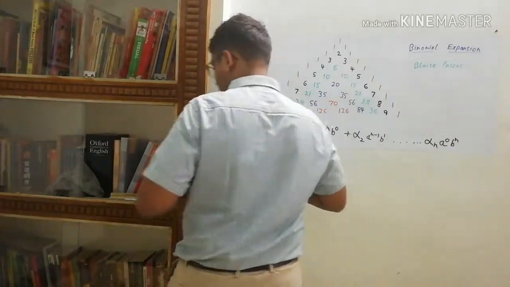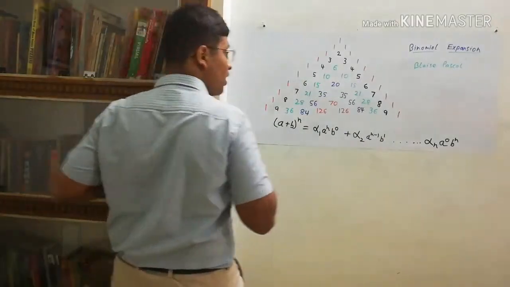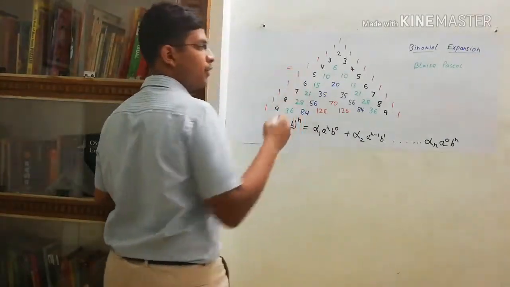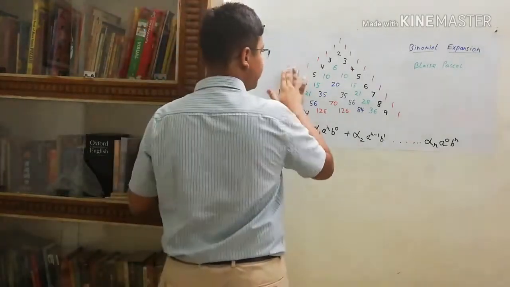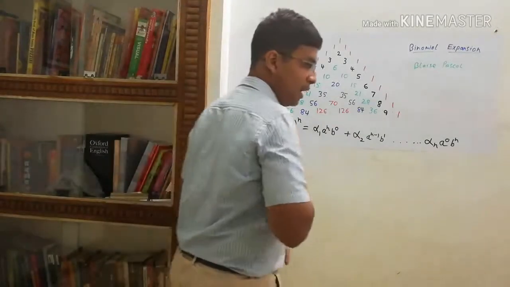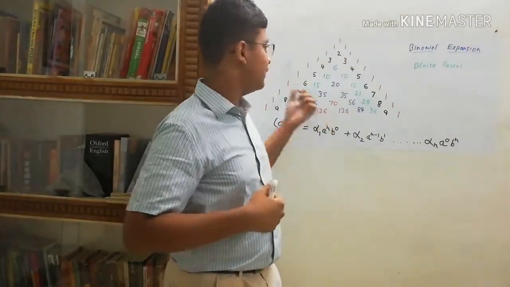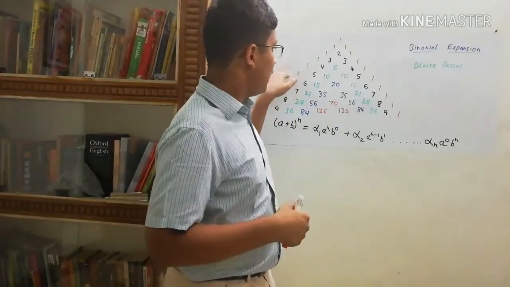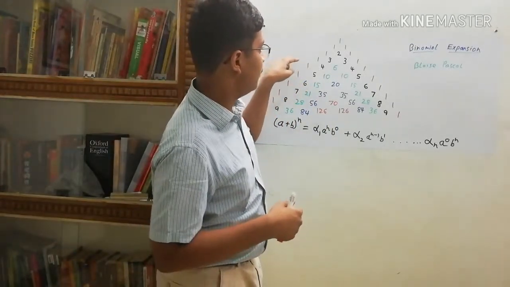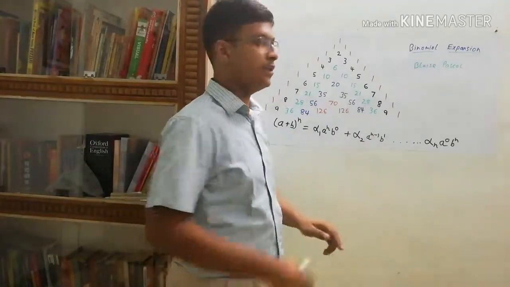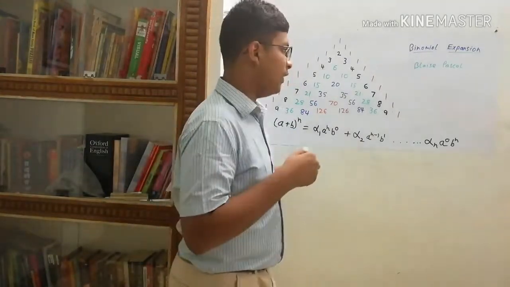You might be thinking how to fix these things. Let's take the case of the fourth row, (A plus B) to the power 4. Alpha 1 will be the first term in the fourth row, because it will have 5 terms and 5 coefficients.